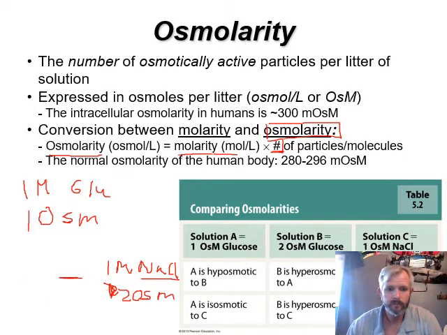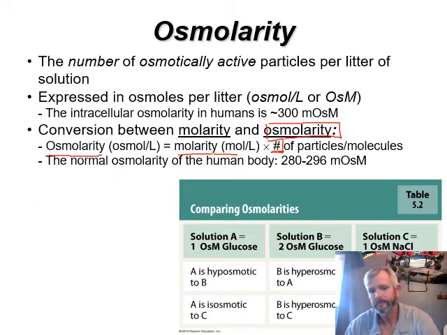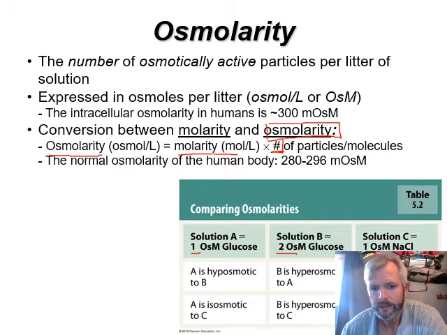Okay, so let's also introduce some terminology when we're comparing solutions. Let's compare, say, two solutions. I have solution A and solution B. Solution A is 1 osmole, solution B is 2 osmoles, and solution C is 1 osmole.